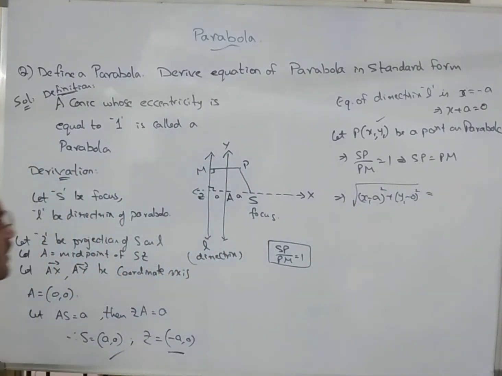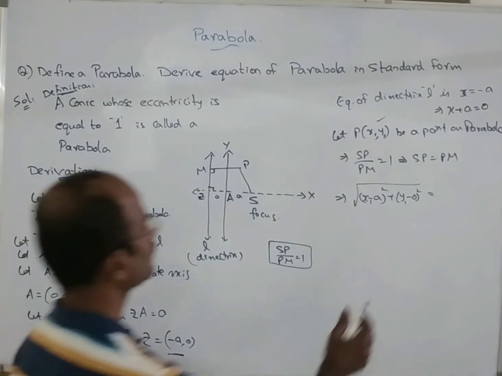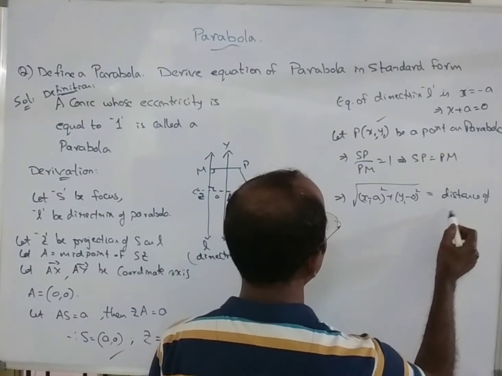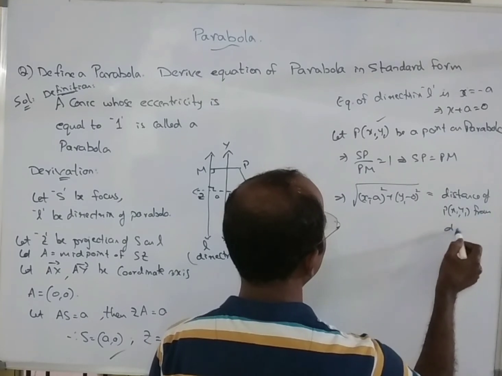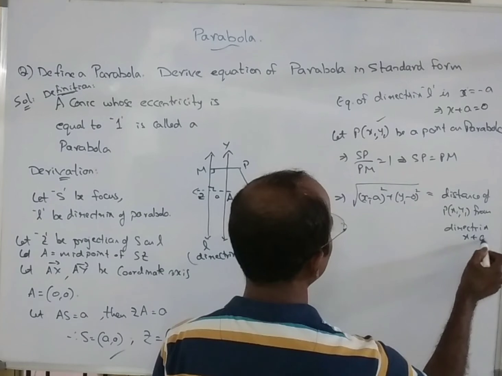PM means the distance of (x1, y1) from the line. PM is the distance of P(x1, y1) from the directrix x plus a equal to 0.